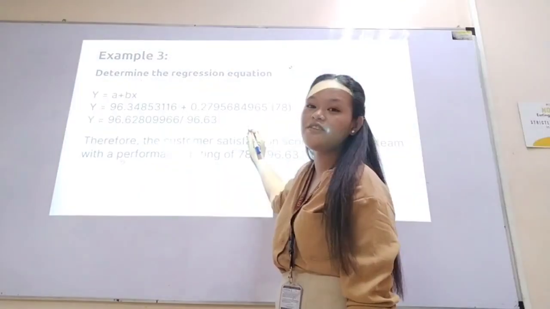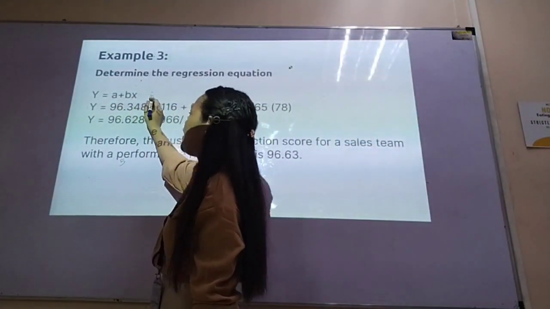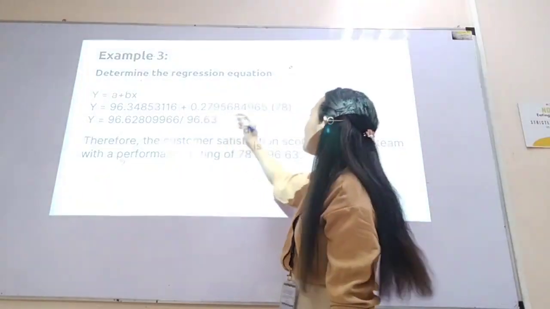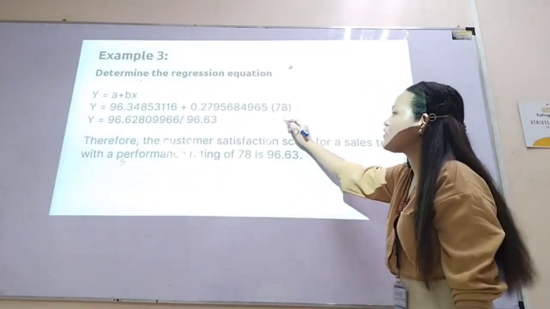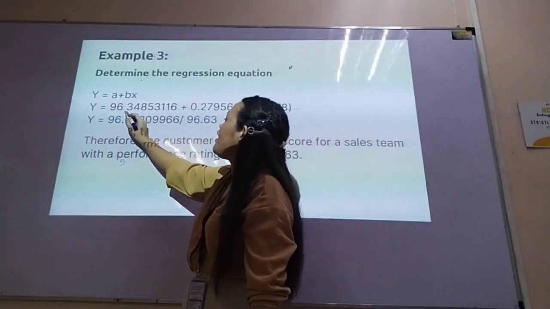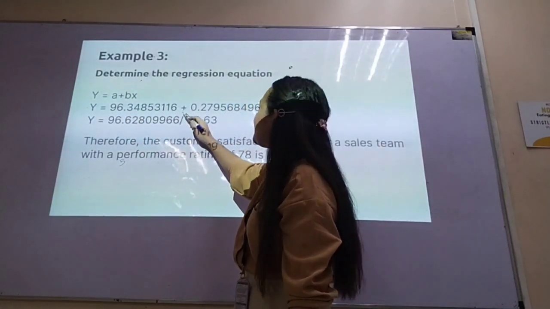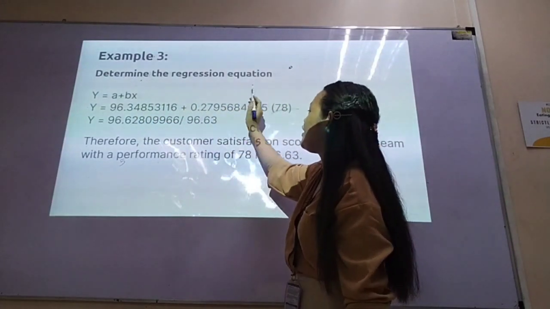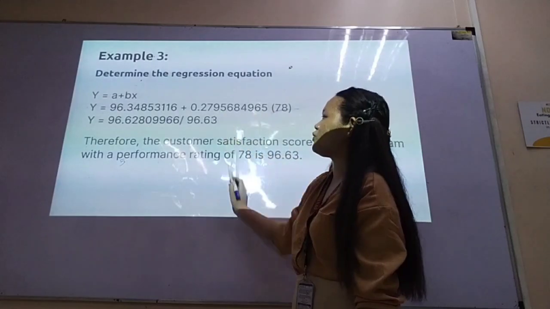So now, determine the regression equation. We're going to use the regression equation now, which is y is equals to a plus b multiplied to x. X is our constant, which is earlier the 78 that was stated in the problem. So our y-intercept, or the a, is 96.34853116, plus our slope, which is 0.272795684965, or 0.28.